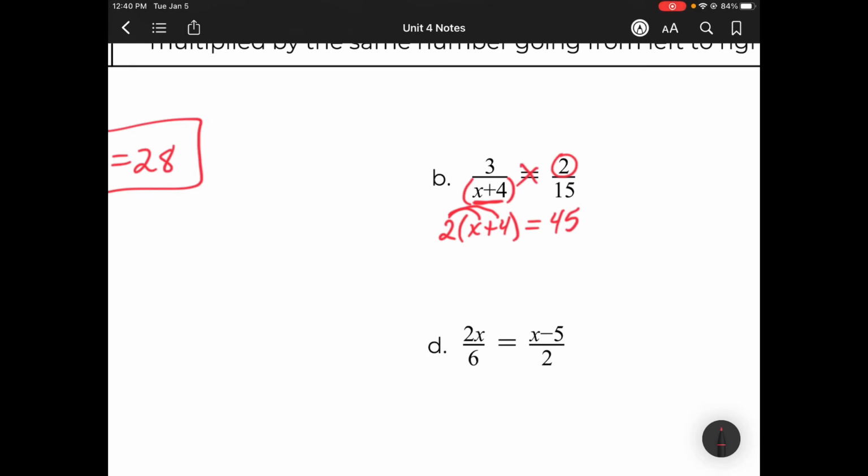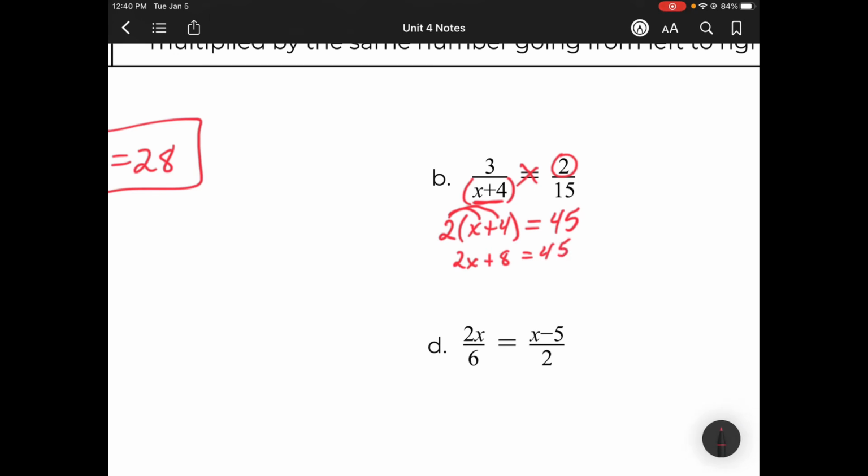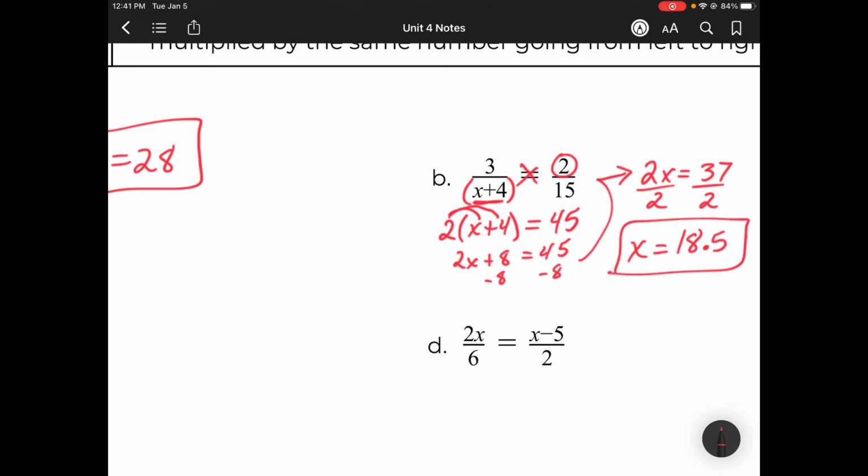Now the next step is to distribute. 2 times x is 2x, 2 times 4 is 8, equals 45. Then subtract 8 from both sides. So 2x on the left equals 37 on the right. And then we divide by 2, and we do get a decimal this time, and that's okay. We didn't do anything wrong. Sometimes you get decimal values. 37 divided by 2 is 18.5.